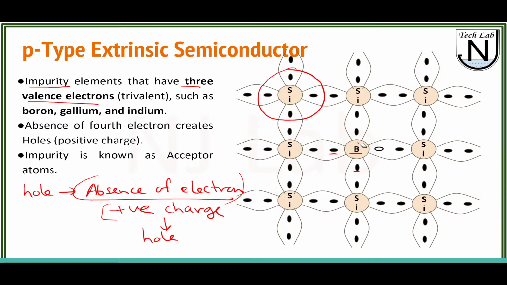Now, if this electron gets some energy and jumps over here into this hole, then what will happen? A hole will be created at this position, meaning this hole will be shifted over here.